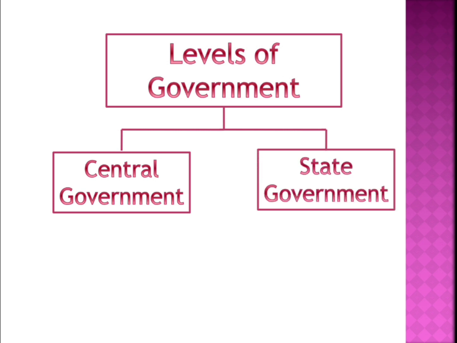Each state has its own government, so there will be the officials, chief ministers and ministries in all sectors, and they will be ruling that state. And all the state governments will be reporting to the central government. The central government takes decisions mainly on matters like the country's security.